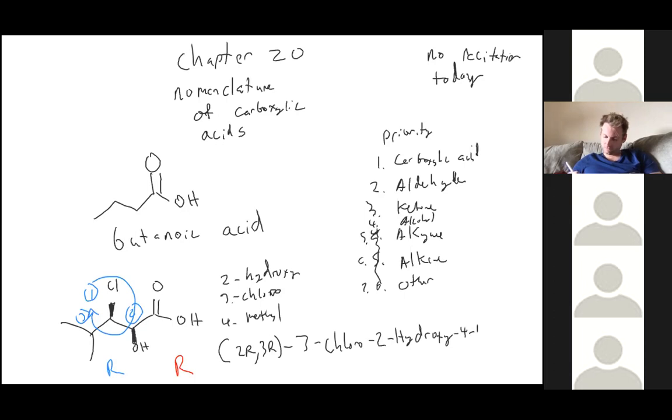For methyl, we've got a 5-carbon chain, so pentanoic acid. So suffix -anoic, and then acid at the end. All right, so that's our nomenclature.